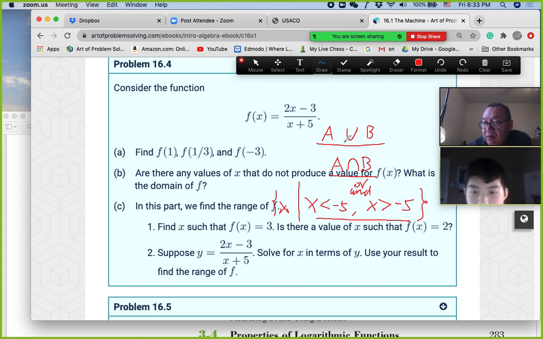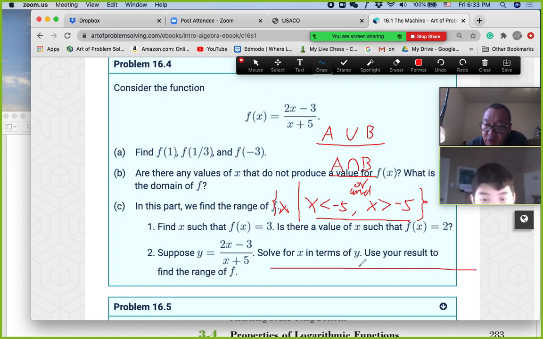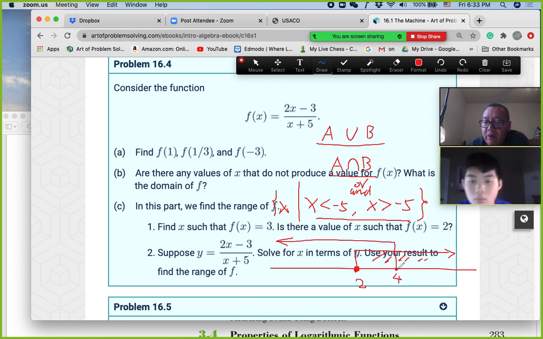Wait, could you explain the intersection again? Intersection, that means suppose we have this one, suppose this one equals 2. This set is x greater or equals 2. But if I have another set that's like this one is 4. So this one is x greater or equals 2, this one is x less or equals 4.